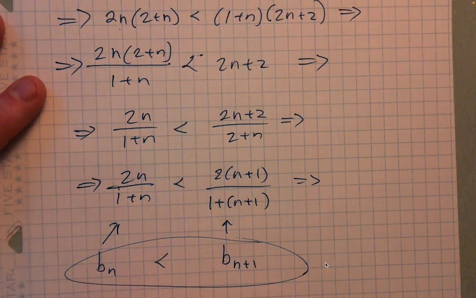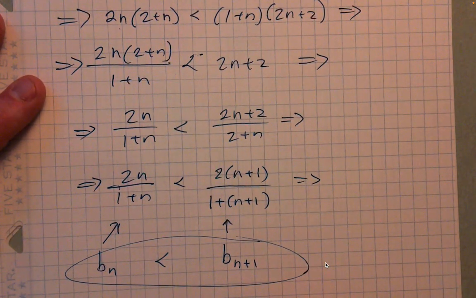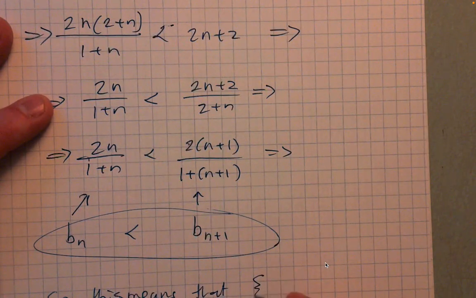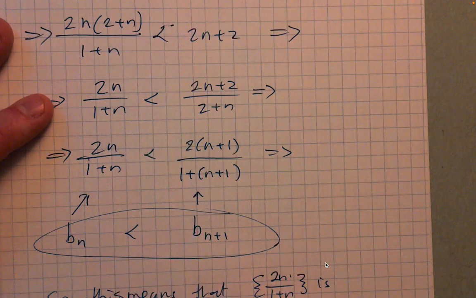That means that the sequence 2n over 1 plus n is monotonic increasing.